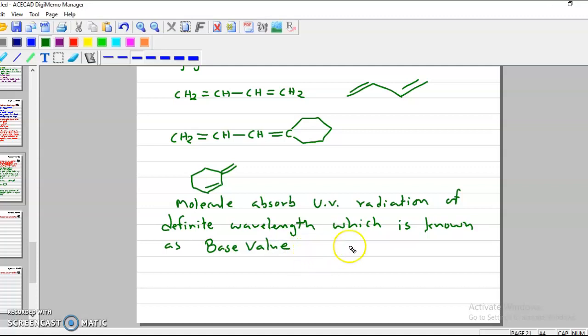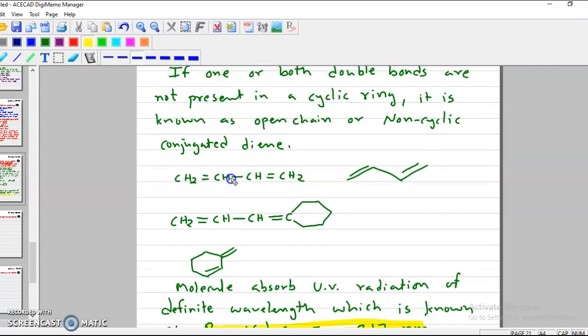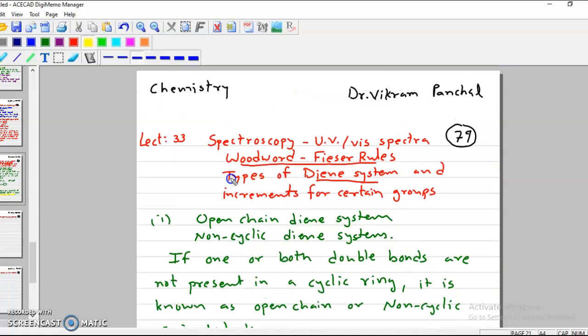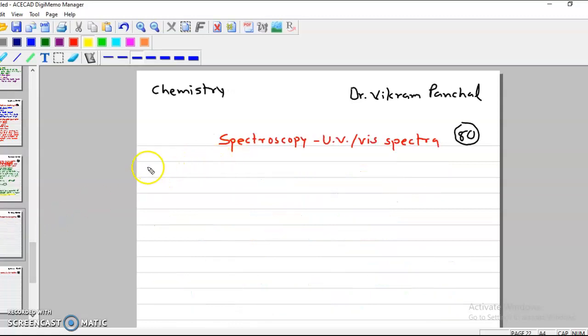And the base value of open diene system is 217 nanometer. So this will be given to you when you calculate lambda maxima for a given unknown compound. But it is very important that open chain diene system has base value 217. That means when any molecule has open chain diene system, this is the minimum wavelength which will be absorbed by the molecule.